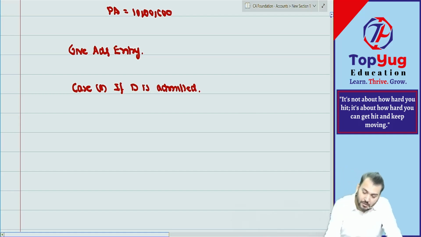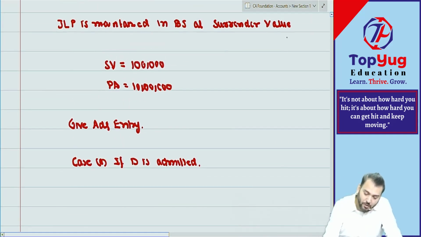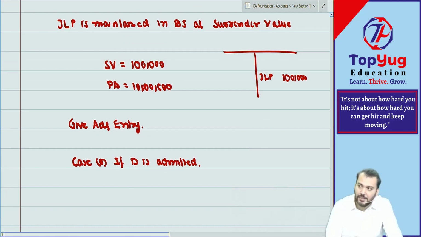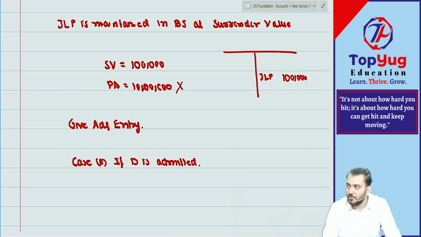How much JLP is appearing in the balance sheet now? How much is already appearing? 1 lakh. In case of admission, which amount is relevant? Surrender value or policy amount? Policy amount means how much amount is receivable and how much amount is appearing. So what you will do?